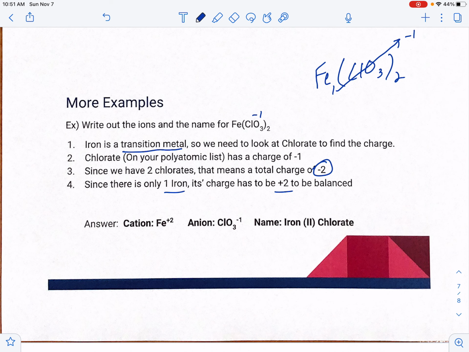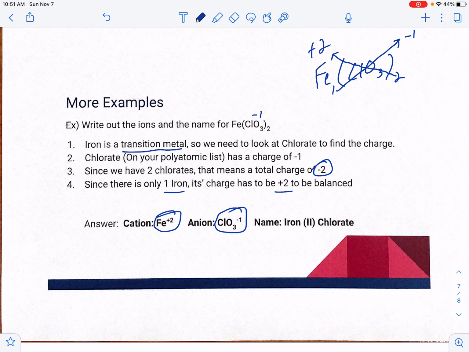Which it does. Chlorate has a charge of -1. That means I can take this 2 from the chlorate up to the iron, which gives me a +2 charge. So my cation by itself is Fe with a +2. My anion is simply chlorate, ClO3 with a -1.